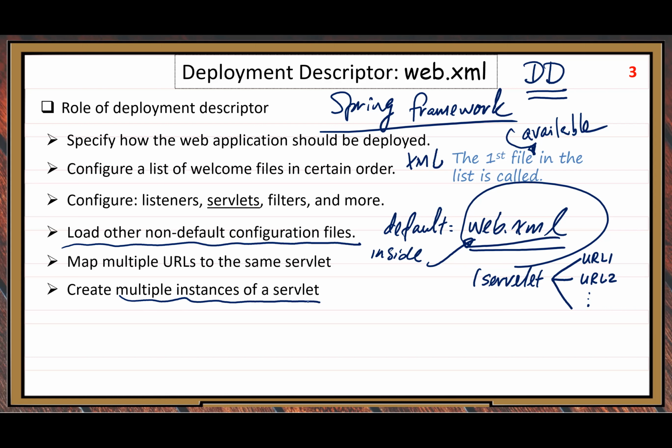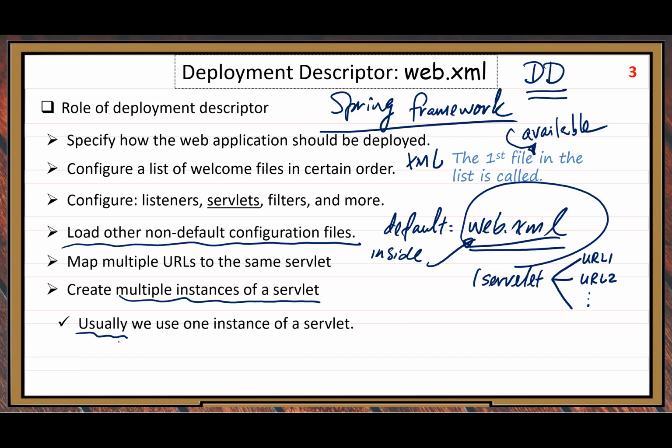But the question here is, usually for one Java web application, we only need to use one instance of a servlet. We do not need multiple usually, all right? You can use multiple, but you need to provide some good reasons behind it. Why do I need to use multiple servlet instances?